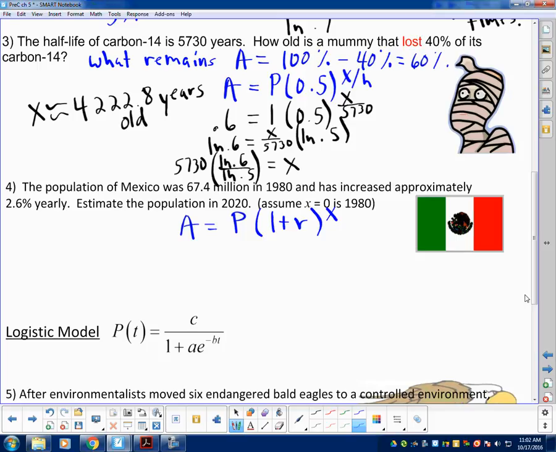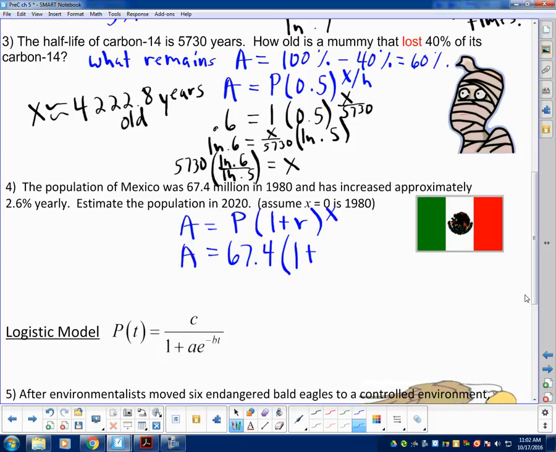And so it says estimate the population in 2020. We're going to assume that x equals 0 corresponds to 1980. So in this case, my estimate is going to be equal to the starting amount in millions, 67.4, times 1 plus, I've got to change my rate to a real number. So be careful here.